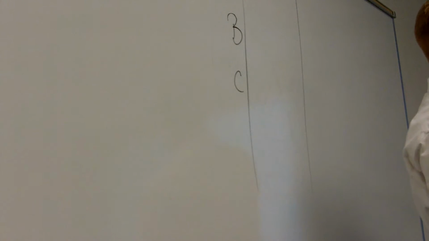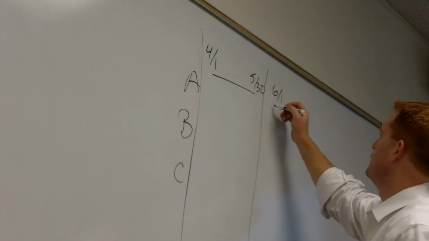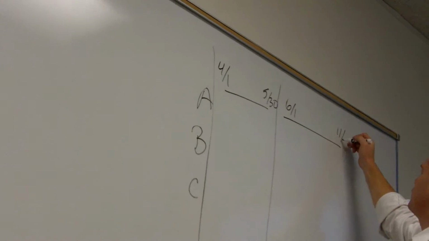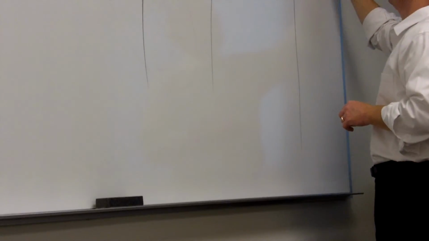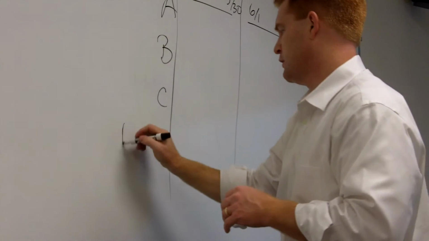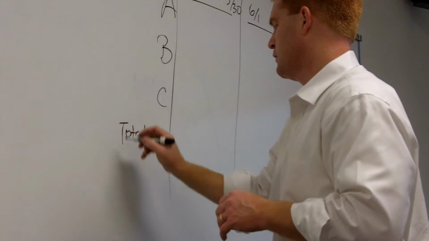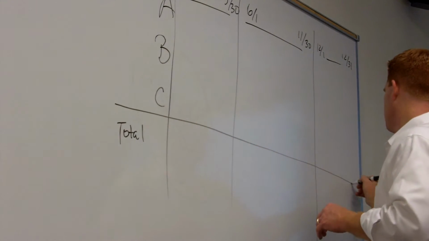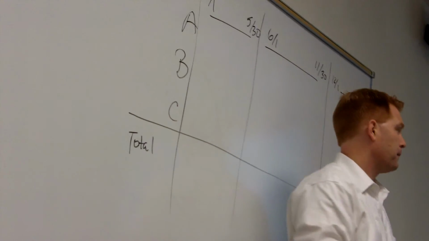And then we go from 6-1 to 11-30. And then from 12-1 to 12-31, right? Okay. All right.